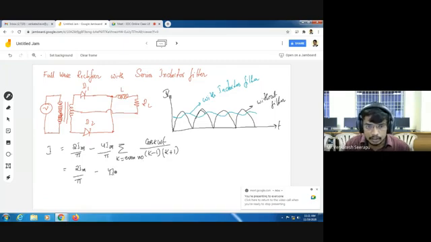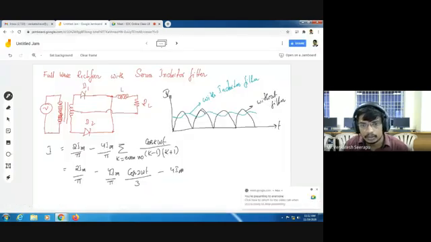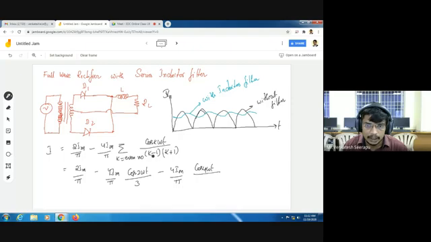What does the equation become? 4Im by pi into cos 2 omega t by (2 minus 1) into (2 plus 1): 2 minus 1 is 1, 2 plus 1 is 3, so 1 into 3 is 3. Next, replacing k with the next even number 4, the equation becomes 4Im by pi into cos 4 omega t by (4 minus 1) into (4 plus 1): 3 into 5 is 15. And so on, it is my equation.